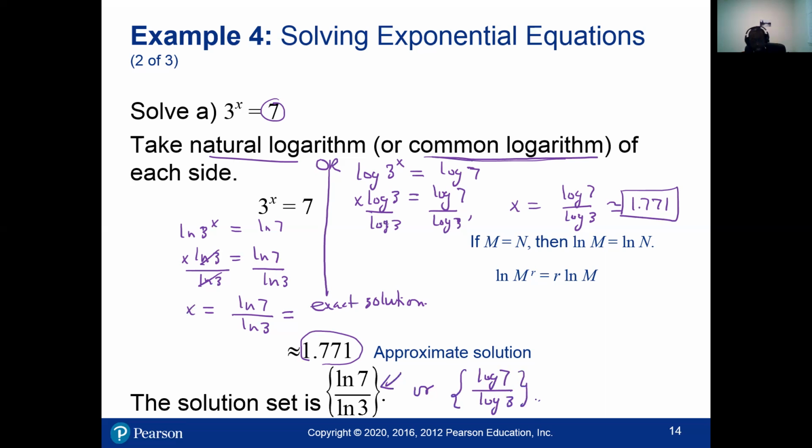So in doing your homework, note if they want you to express it as a natural log, then you take the natural log on both sides. If they want you to use a common log, then you take log to the base 10 on both sides. Either will give you the same results.